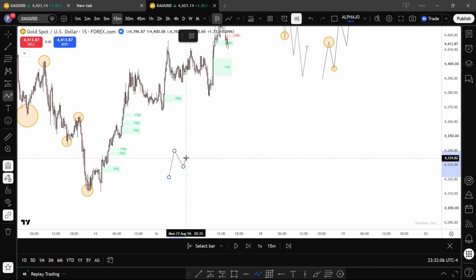So a break of structure happens when price breaks an important high, being the higher high that was formed here, in the same direction as the current trend. So let's say we're in an uptrend. If price breaks the previous high, or an important high in a bullish trend, we call that a break of structure, right?